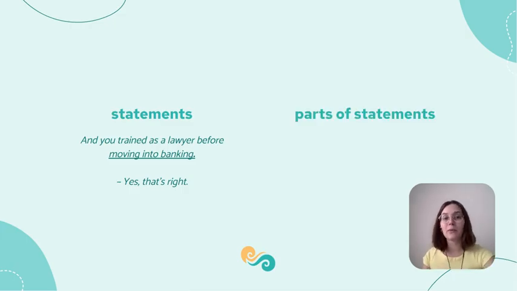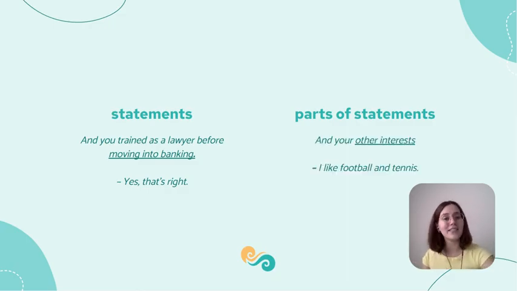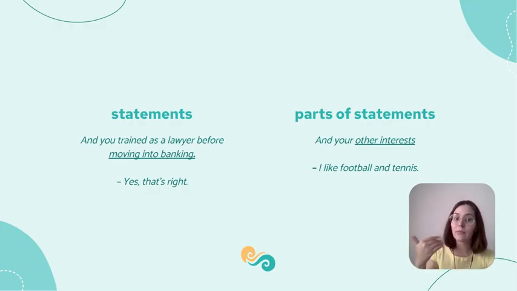And we can do so by means of parts of speech, as in, and your other interests? Again, instead of saying, and what about your other interests? Or what are some of your other interests? And you only use this phrase, again, with the rise in intonation. I like football and tennis.